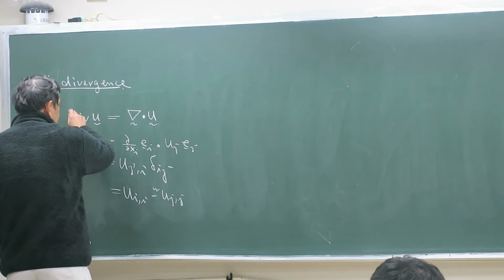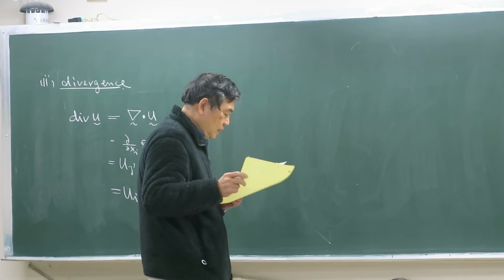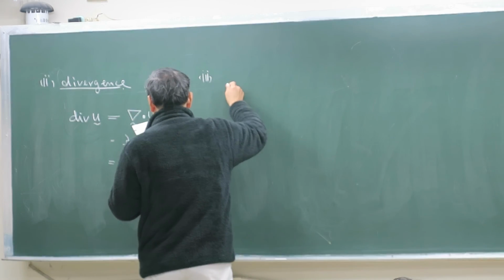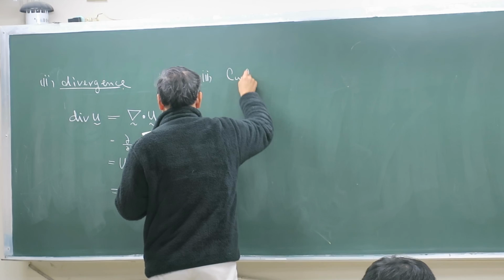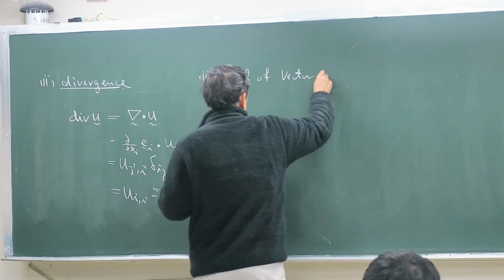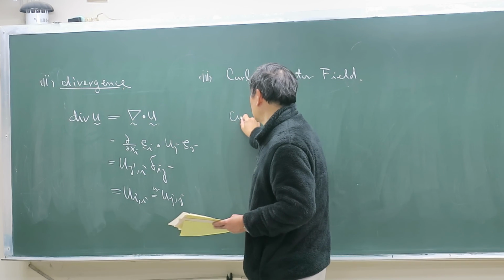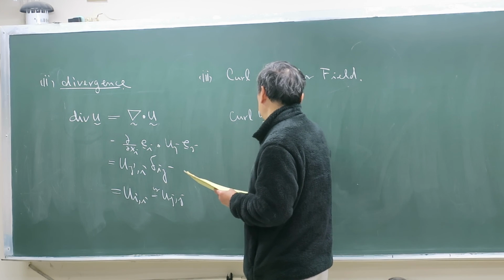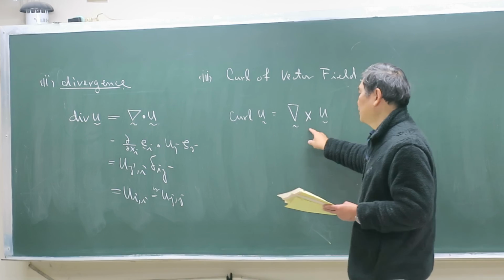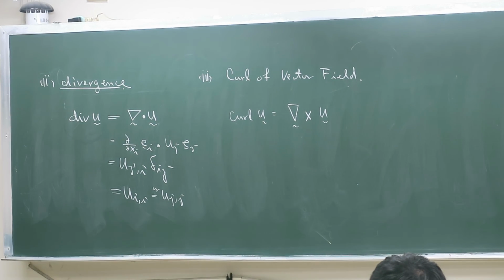So this is the divergence, meaning inner product. And the third one is the curl of a vector field. Curl u means nabla cross u.